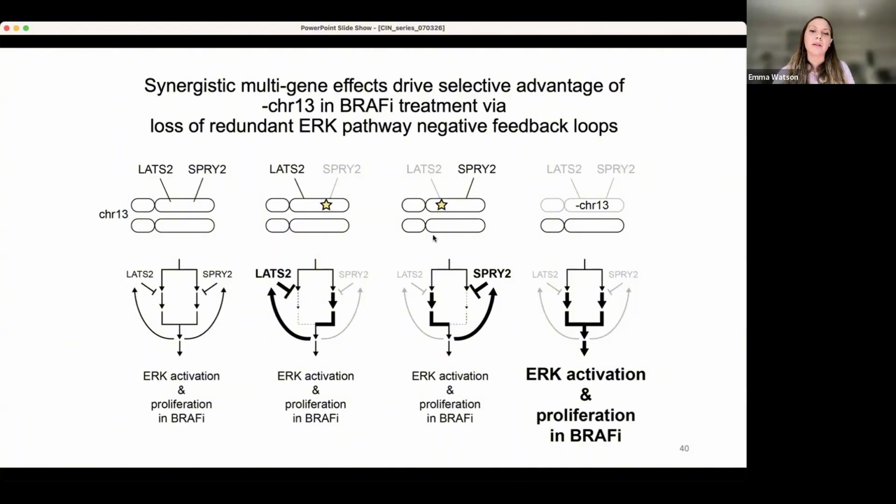When you lose one or the other, the other side of the feedback loop can compensate, and you end up with the same baseline ERK activation and proliferation. However, when you lose both genes or dial them down dosage-wise, you lose both feedback loops. The pathway cannot negatively regulate itself, and you get rampant ERK activation and proliferation, even under BRAF inhibitor. But one thing the model predicts is that this will be EGF dependent, so we are also testing that.